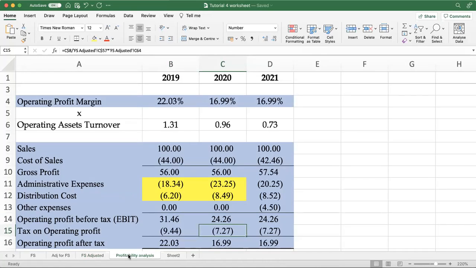Right. Now you see your further analysis. You found with your further analysis the two major reasons for the decline in operating profit margin: an increase in administrative expenses and an increase in distribution expenses. Now you have to do a further analysis and find out why these two increased from 2019 to 20.